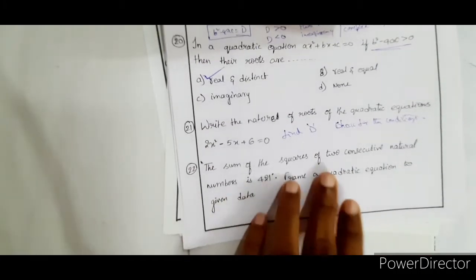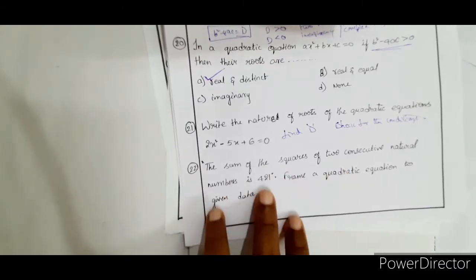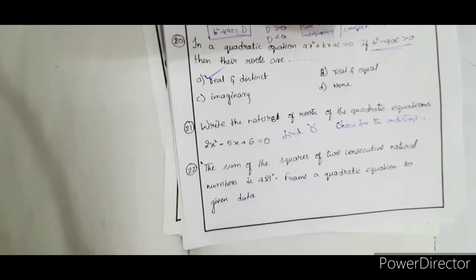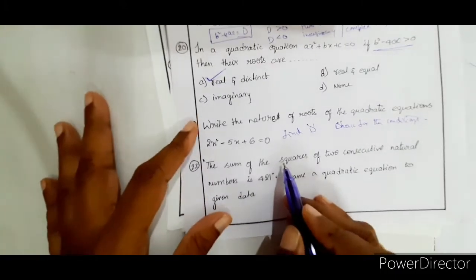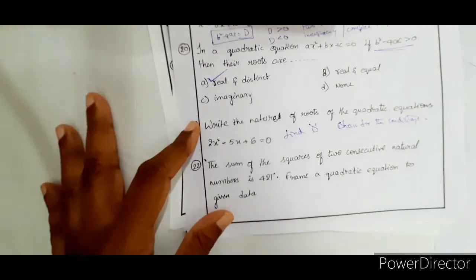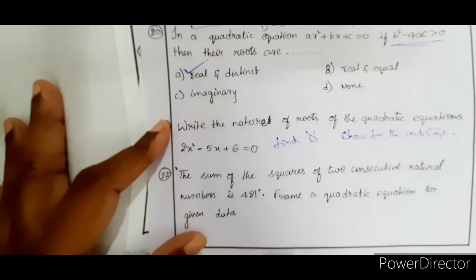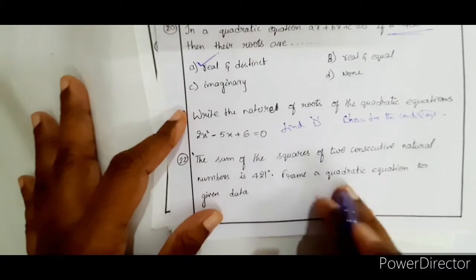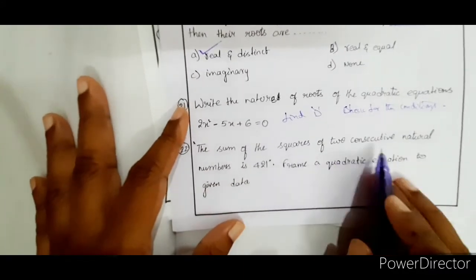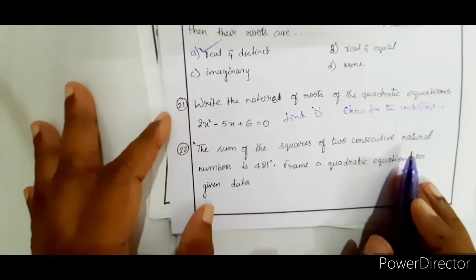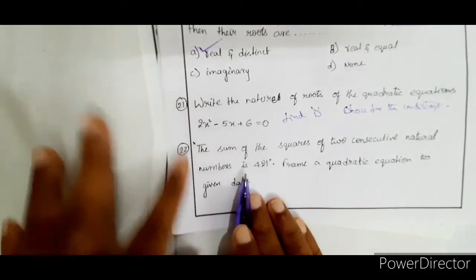The sum of the squares of two consecutive natural numbers is 421. Frame a quadratic equation for the given data. So, what is the question? Sum of the squares of two consecutive natural numbers.